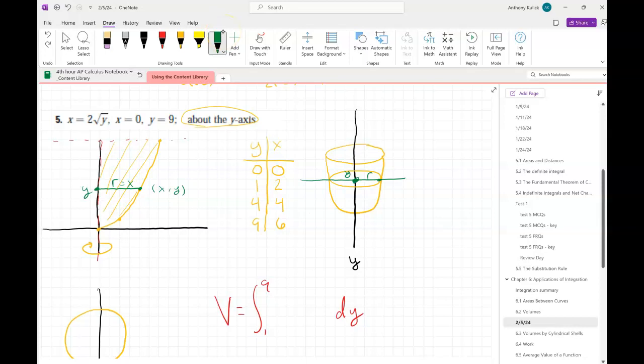But I need this to be in terms of y. So what is x on this yellow curve that we've drawn? Yes, good, 2 square root y, because I know literally x is 2 square root y.